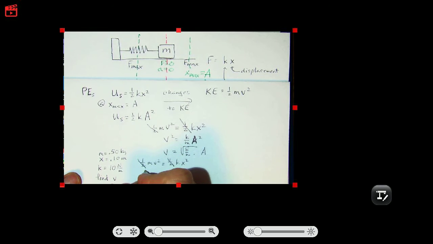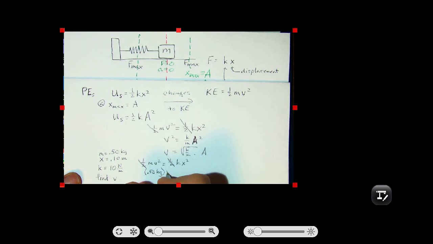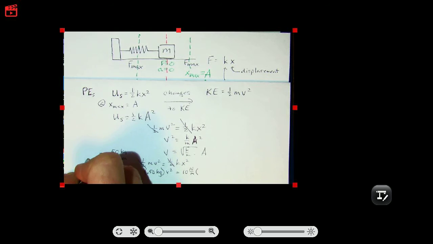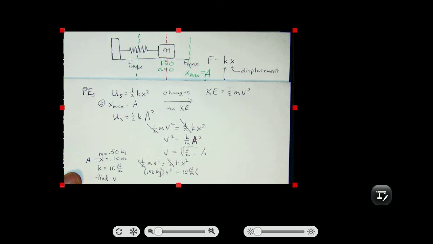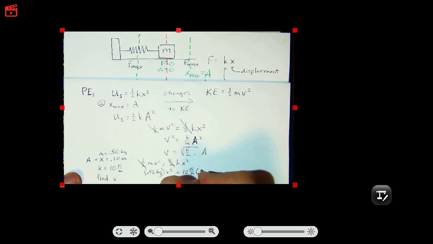So 0.50 kilograms times v squared is equal to 10 newtons per meter times our max displacement, which again is A, 0.10 meters.